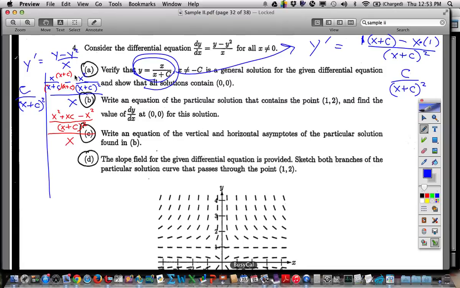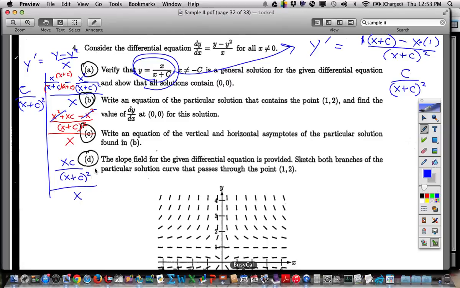Right? All I was doing was the top part of this. And I've got this x down here on the bottom. This is very similar to when we were doing limits and we were having to do common denominators, right? Yep, you got to do that sometimes. So now the x squareds cancel here, right? So I got xc all over x plus c squared.